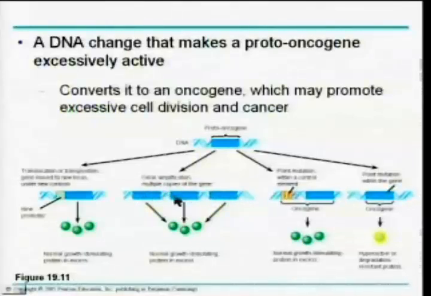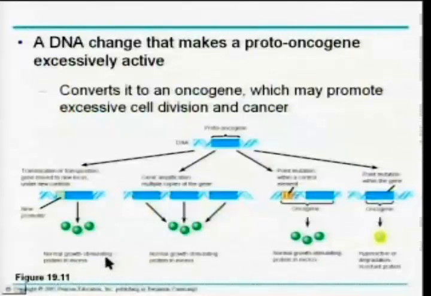They're now basically separated a bit, but they're in a series, not quite tandem, I guess. And you get still normal growth stimulating protein, but in excess. And then the next possibility is a point mutation within a control element, and you get the oncogene itself with normal growth stimulating protein in excess also.